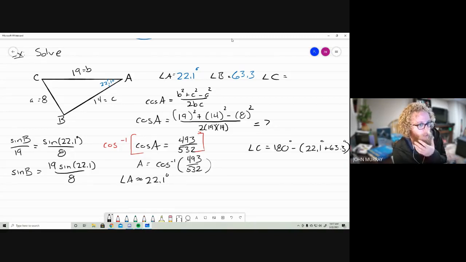For some reason, I'm getting angle C to be very large, and that doesn't match with what we have. I'm trying to figure out. I think I messed up B and C somehow. A is good.